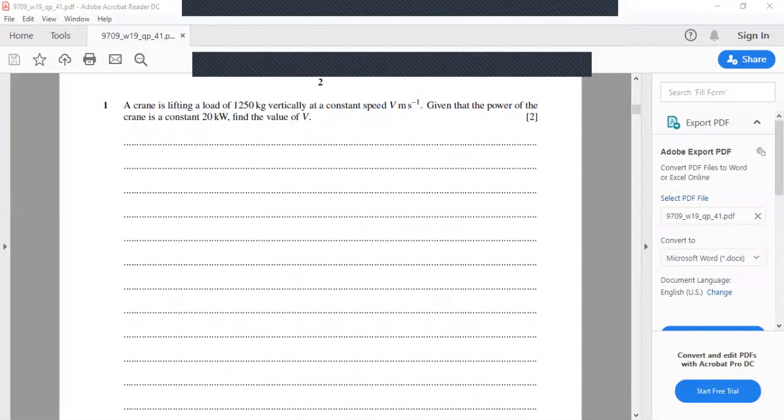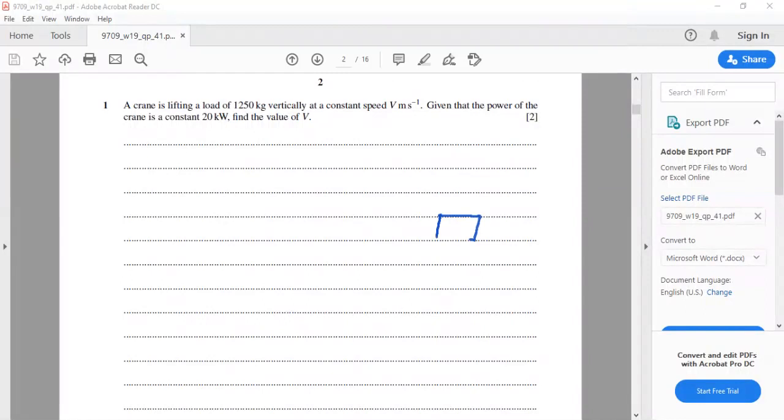A crane is lifting a load of 1250 kg vertically at a constant speed V. Given that the power of the crane is 20 kilowatts, find the value of V. Let's say this is the load of 1250 kg, and its weight is W equals mg, so 12,500 Newton.